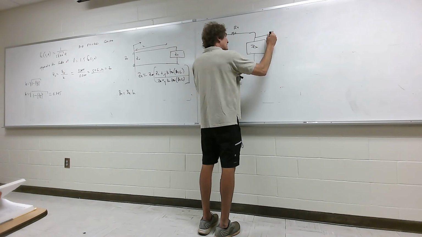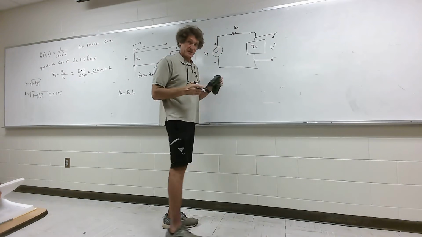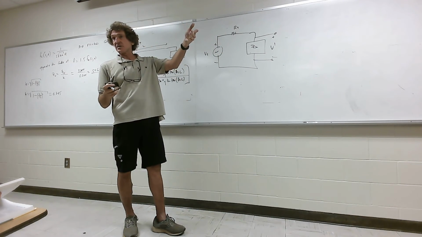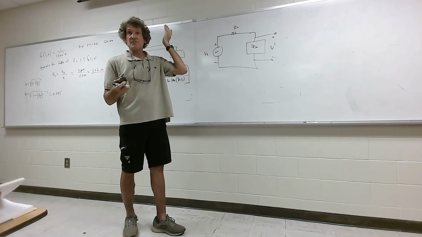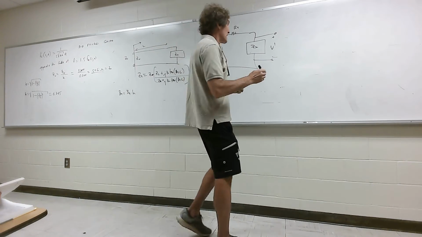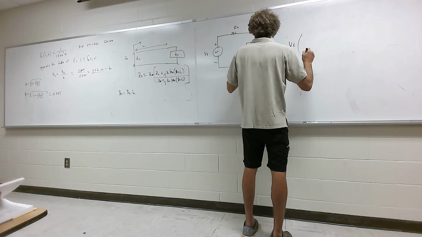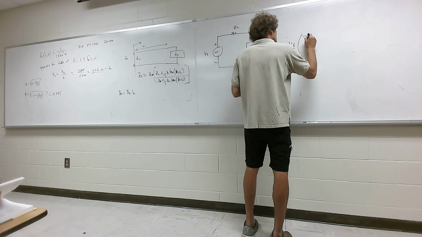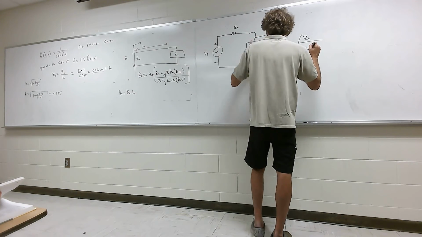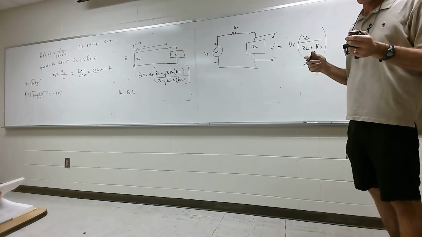Now I want to figure out the amount of voltage, V prime, that occurs there. Remember, that's going to be the voltage that literally hops on the guide. It's going to be a summation of the voltage waveform traveling down the guide and also reflected back at that point. And that V prime is simply going to be equal to Vs times Zin over Zin plus Rs. That should look familiar, right?